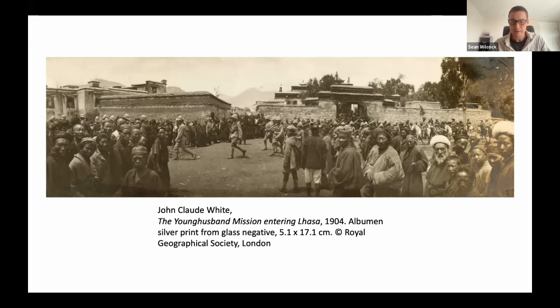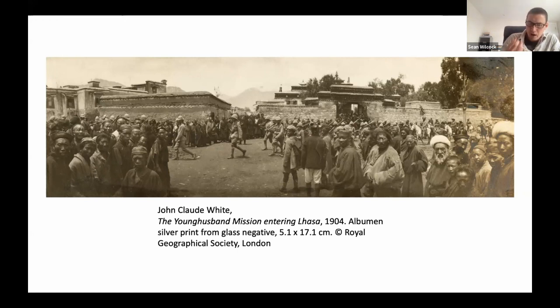John Claude White was the official photographer, and he brought with him 6 cameras and innumerable plates that required 3 mules and a team of Indian assistants. And he used his large and heavy panoramic camera with glass plate negatives to capture this scene.